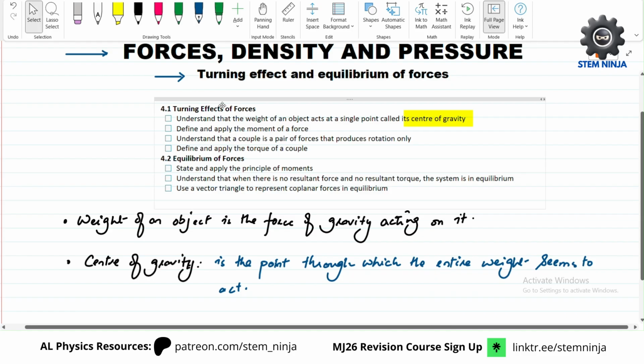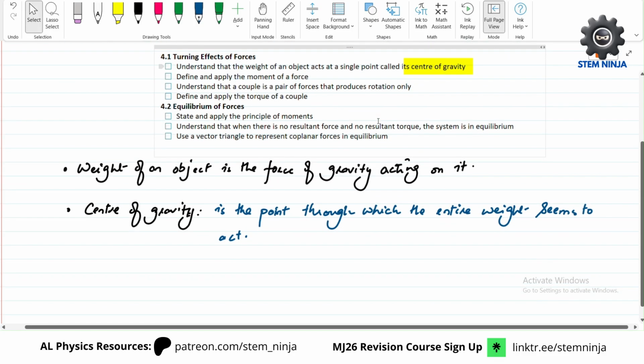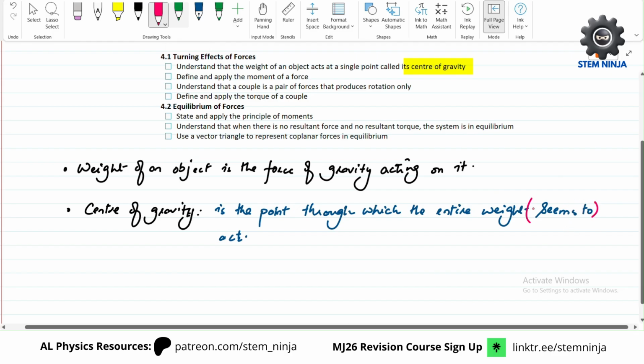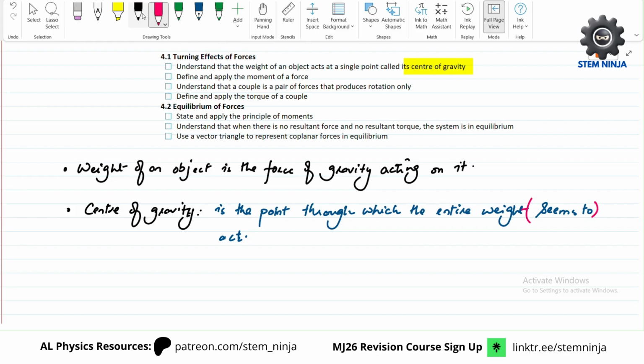You can also write this as: the single point through which the weight of an object acts. Weight acts or seems to act, whatever you want to write, but keep the grammar correct. Now, this was just the center of gravity. We know how center of gravity can help with stability.